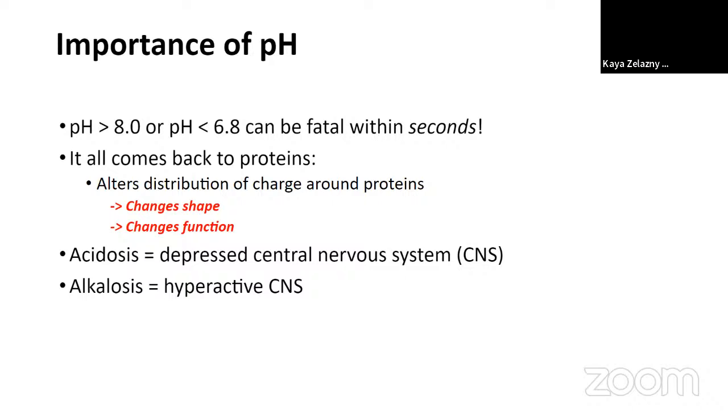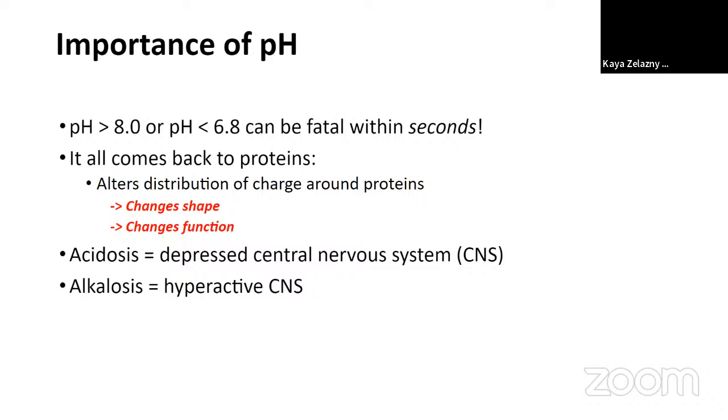So this partially comes down to proteins. So anytime we change our pH outside of our desired range, this is going to change the distribution of the charge around proteins. If you remember way back when we talked about proteins, right, we start with a polypeptide chain. It starts to fold, it continues to fold, and then we have different subunits come together.